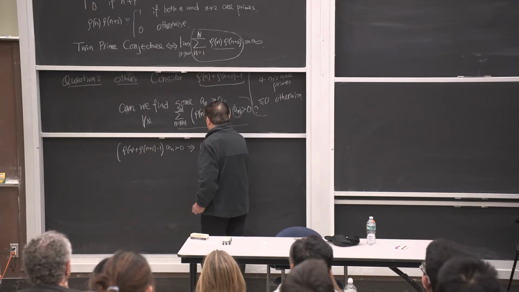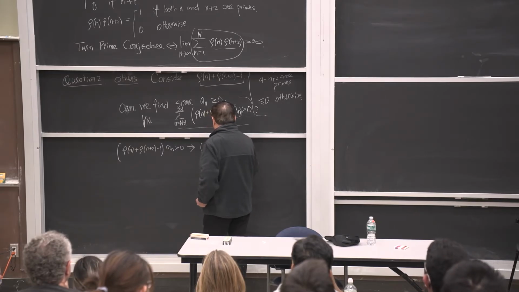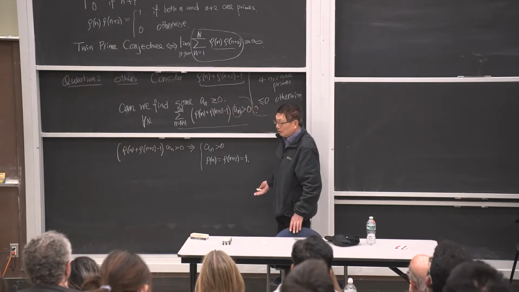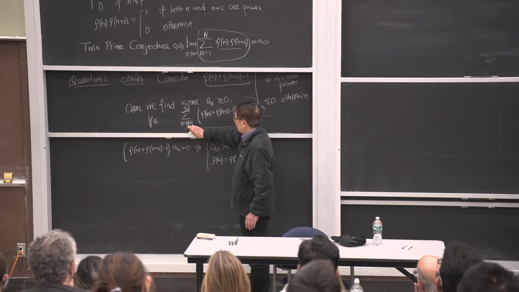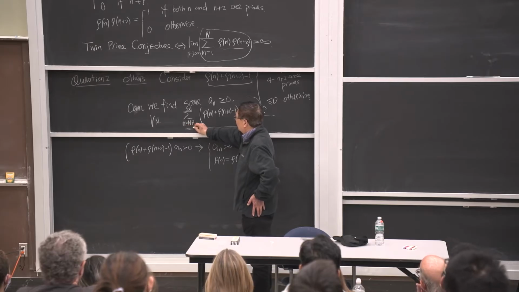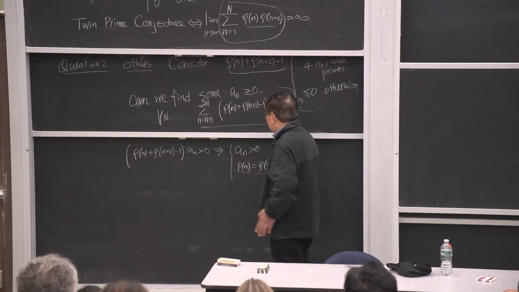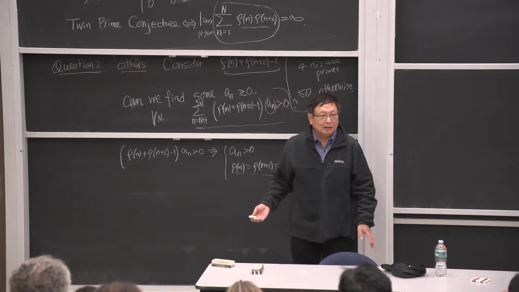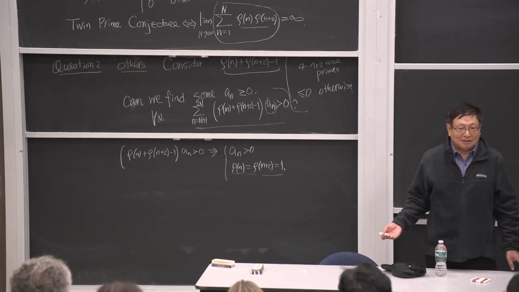And also we will take a large value of n. Actually, the capital N always goes to infinity. So this just means there is n greater than capital N such that we still have a pair of twin primes. So there are infinitely many twin primes.